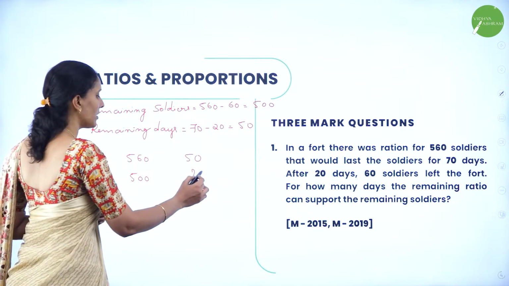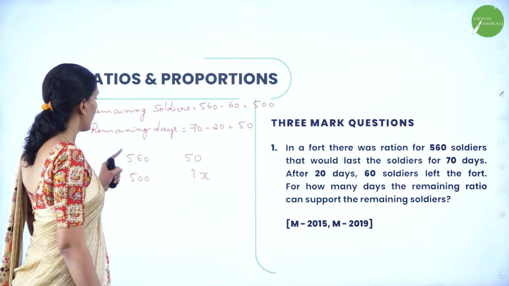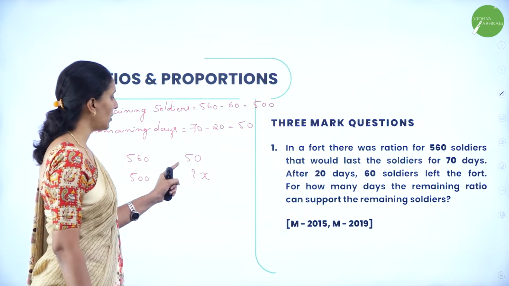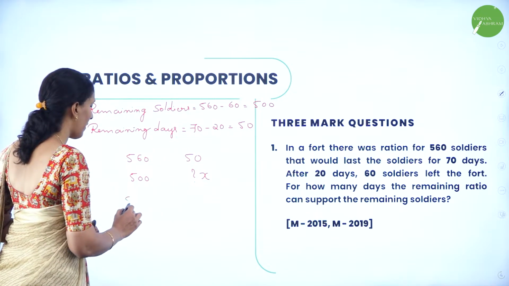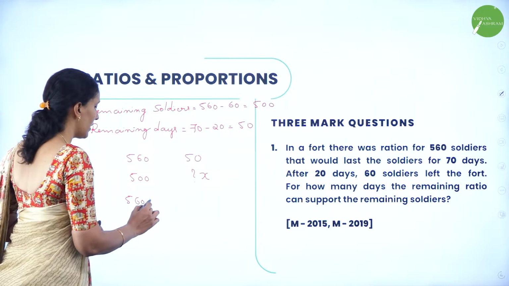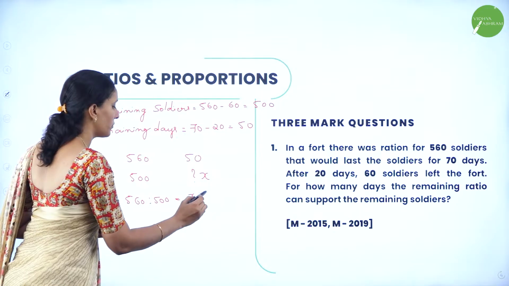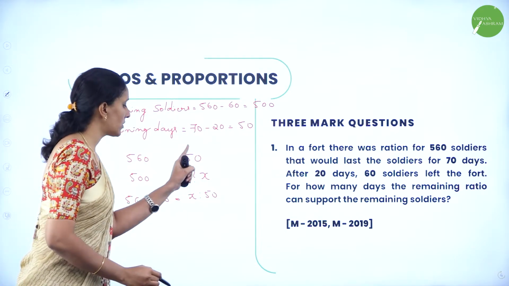Here we can take the unknown quantity as x. Clearly we can see the number of soldiers is inversely proportional to the number of days. So therefore I can write this as 560 is to 500, so x is to 50 is the correct form, because this ratio is inverse to this ratio.